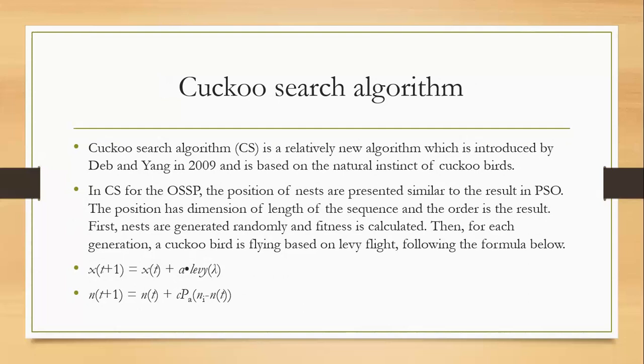Ni minus Nt means the distance between two nests so that birds move to another position, hiding in another nest. The position of new nests is controlled in the search space and better nests are kept to improve the population. Finally, the process is repeated and the best result is output.